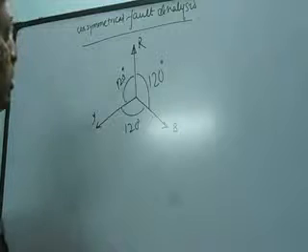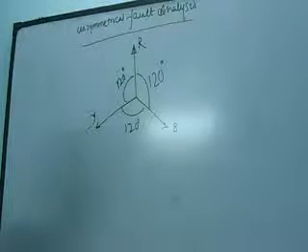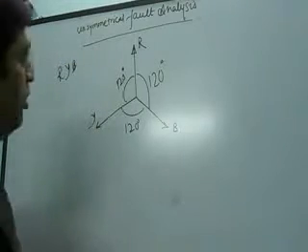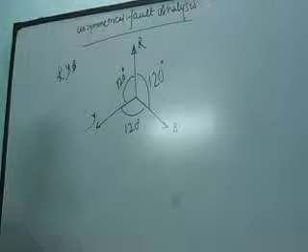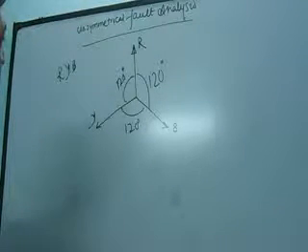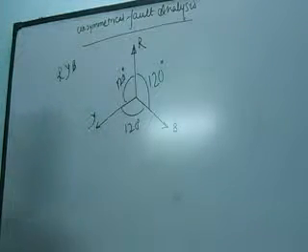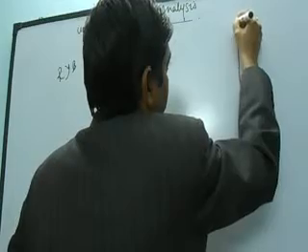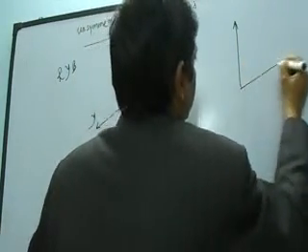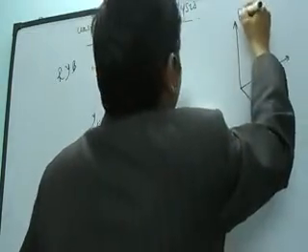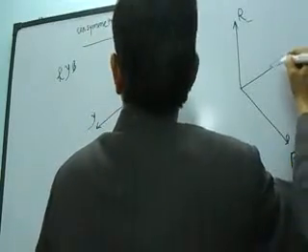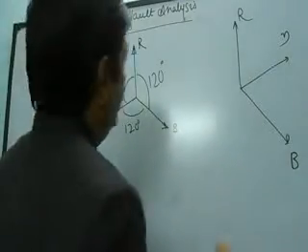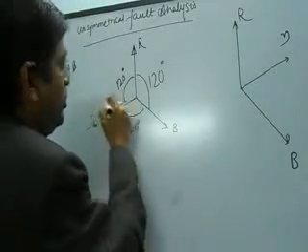Now when a fault occurs in an overhead transmission line, they don't maintain the symmetry between R, Y and B. For this case, the symmetry is R, Y, B. When a fault occurs, the sequence will not be R, Y, B. As for example, say when a fault occurs, it is your R, it is B, it is Y. Due to the fault, Y phase has gone from this position to this.